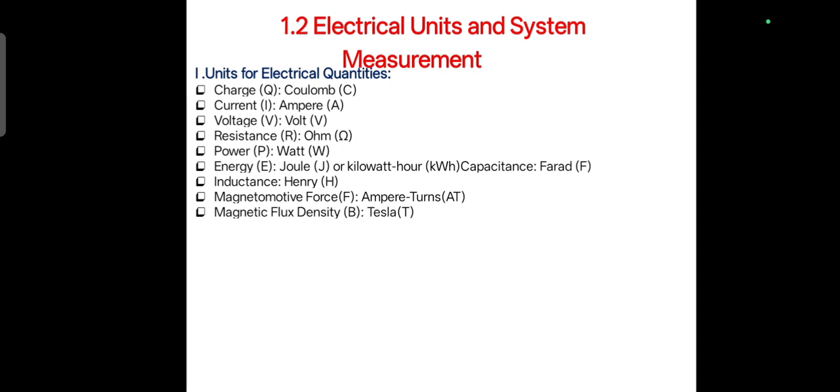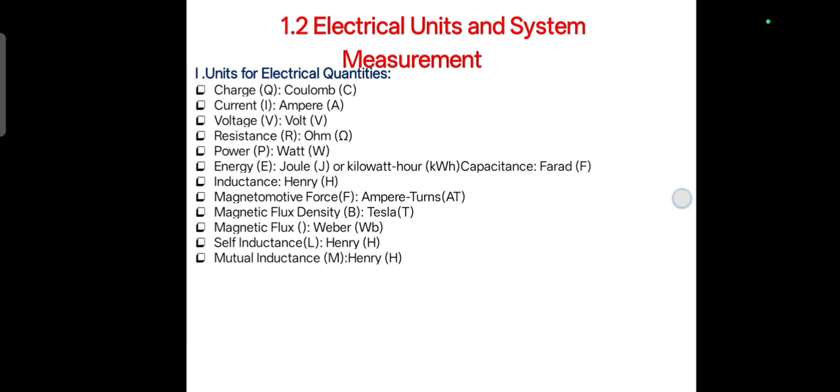Then magnetic flux density, which is having the unit Tesla, which is denoted by capital T. Then magnetic flux is having the unit Weber. Then self-inductance, which is having the same unit as inductance, that is Henry, denoted by capital H. Then mutual inductance is also having the same unit, that is Henry. Then permeability, it is having the unit Henry per meter, H per meter.